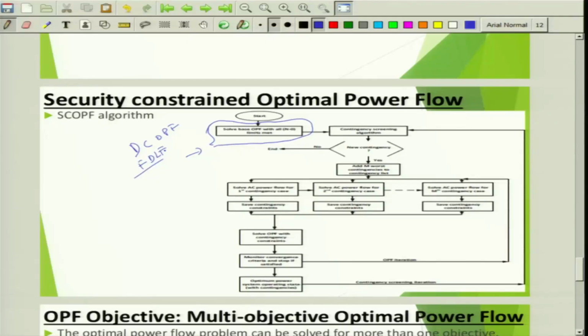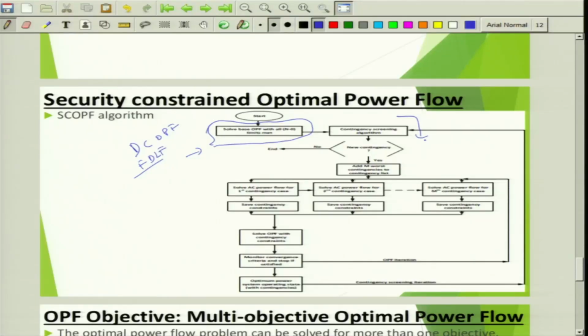You do the base OPF and then the contingency screening algorithm, and for all possible line outages and generator outages, you find out the most critical of them. That means you add the m worst contingencies to the contingency list. Now you shortlist them, because not all outages are very critical, as we have discussed.